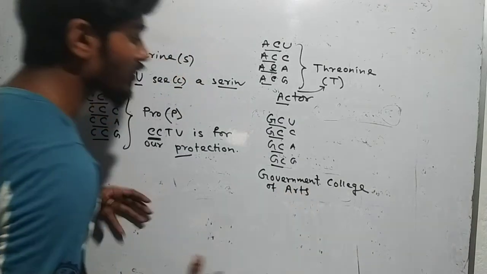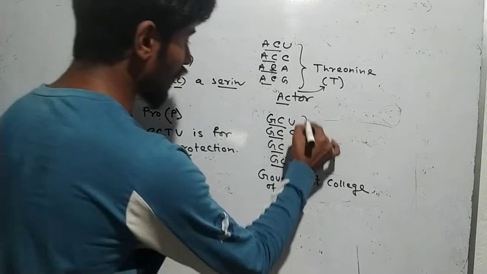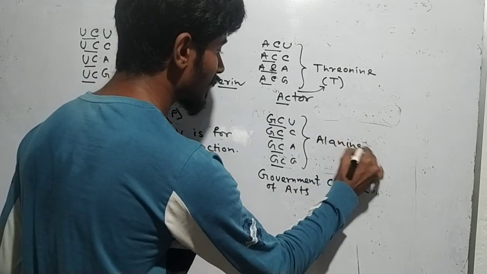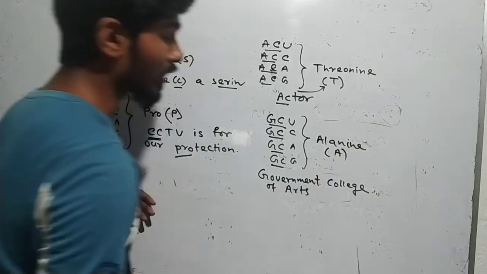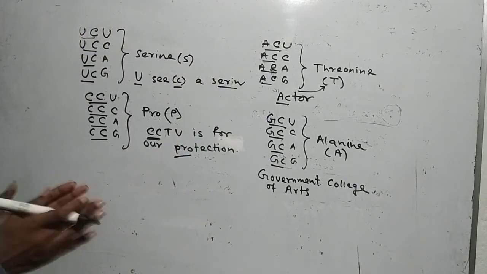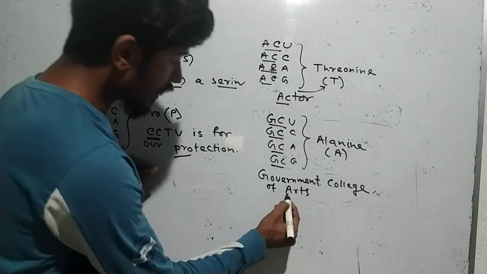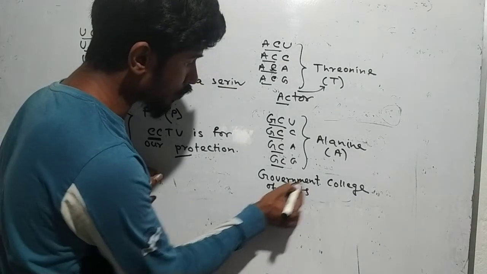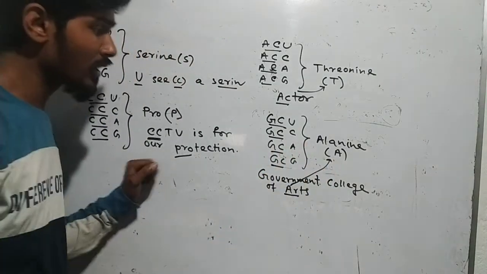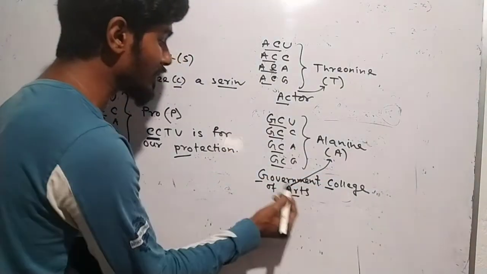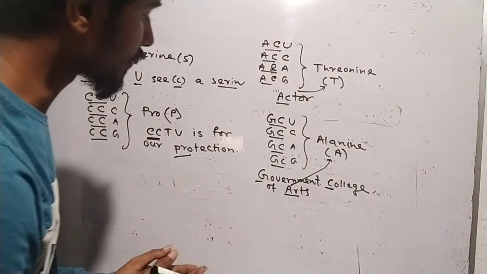So it's an arts college, and it codes for alanine. Alanine is actually capital A in one letter or single letter representation. So arts, this A represents the alanine A. And government college, GC, the first two letters are represented by these words.